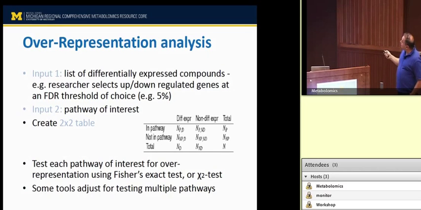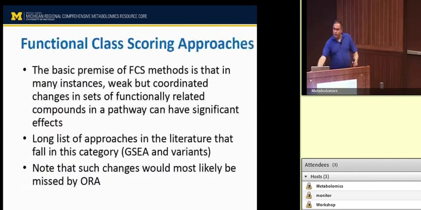So this was the issue that the Broad Institute, in the original idea, was trying to overcome. Their basic premise was that you may have lots of not very strong differential compounds, or genes in that case, but all of them may act in unison.